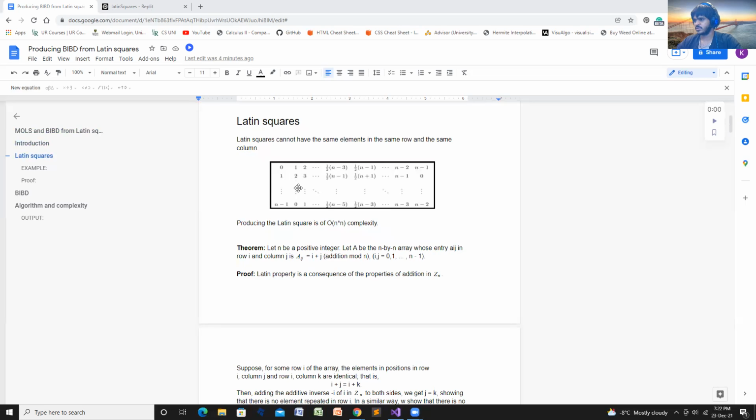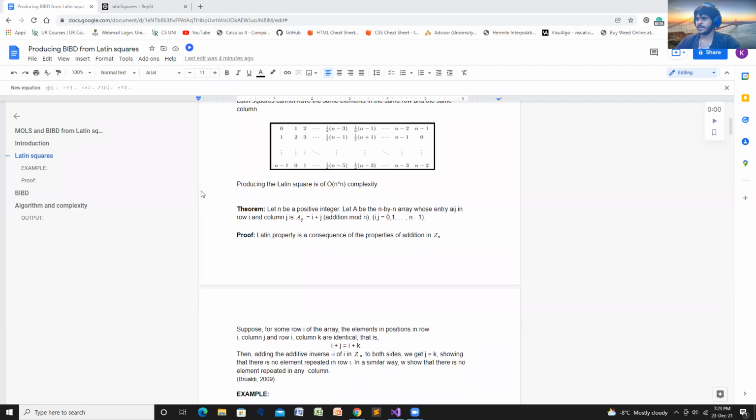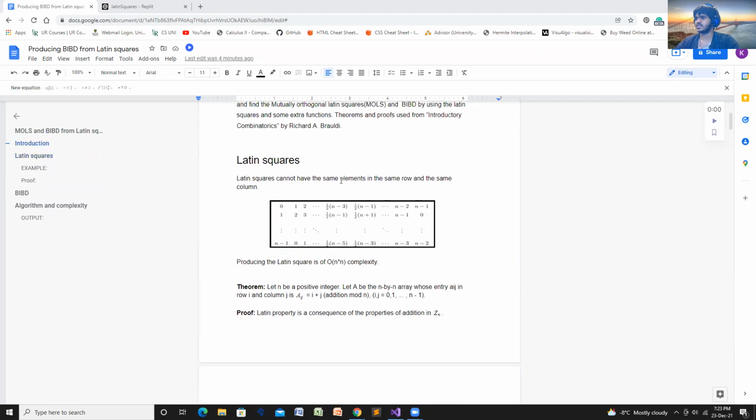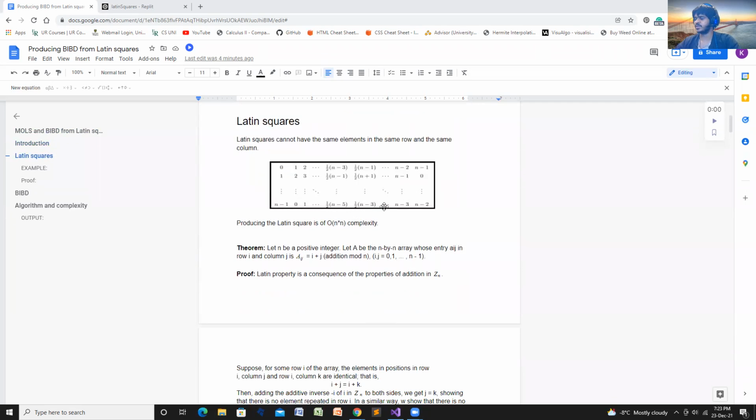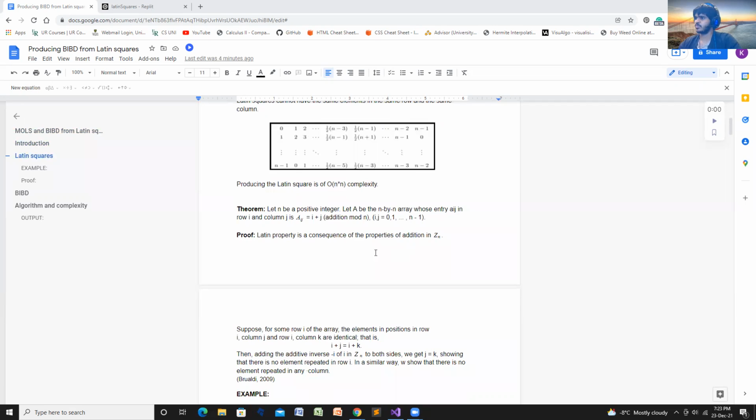This goes left, comes over here, and at last we get the last element. Producing a Latin square of order n is n by n, because it's an n by n matrix. So we'll be using n squared complexity.